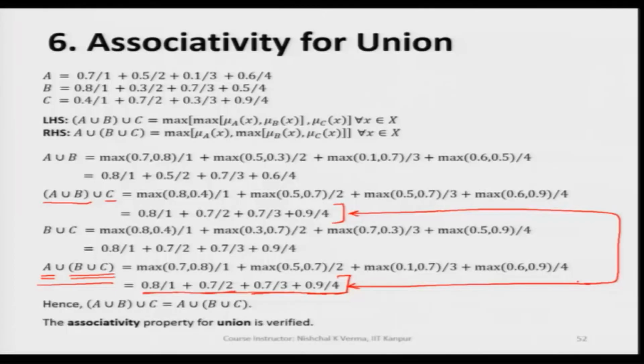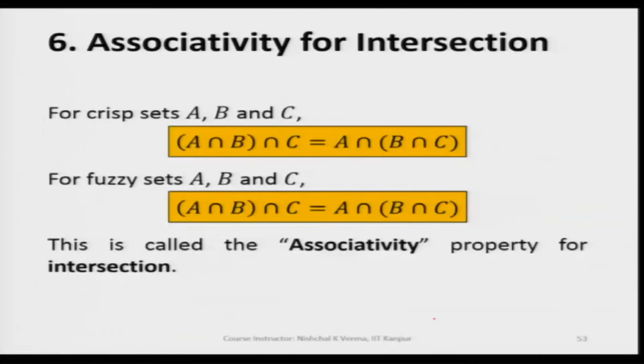So, then it is very clear that A union B union C is equal to A union B union C, means the associativity property for union is satisfied or verified. So, this way we have checked the associativity property for union.